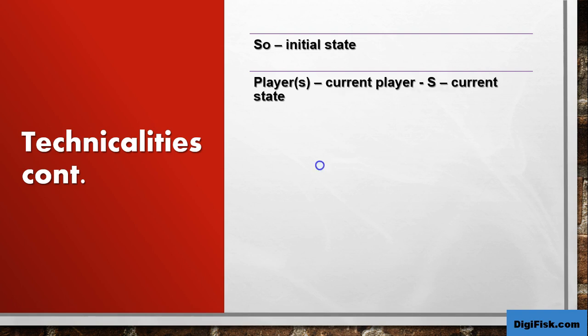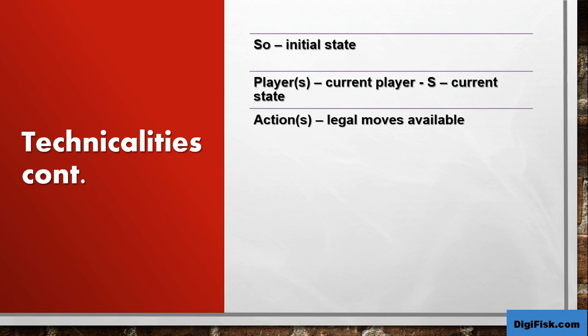Okay? So next is actions of S. This refers to the set of legal moves that the current player can make in the current state. In a tic-tac-toe game, this will refer to the empty boxes on which the player can draw, which particular boxes they are, what their numbers are, and so on and so forth.